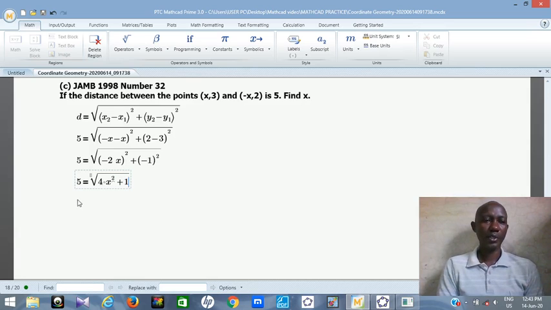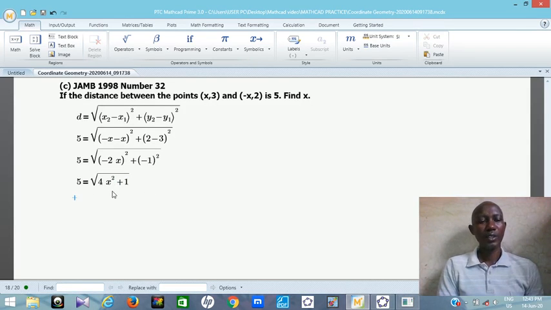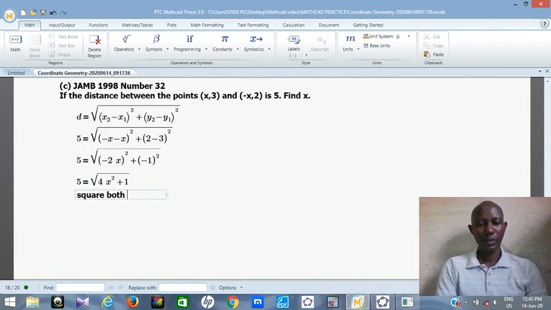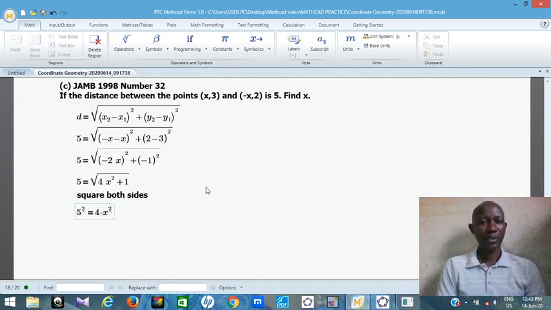Then the next thing is to remove your square root. To remove square root, you square both sides, so that you can remove this square root symbol. By squaring both sides, you have 5 squared equals 4x squared plus 1.